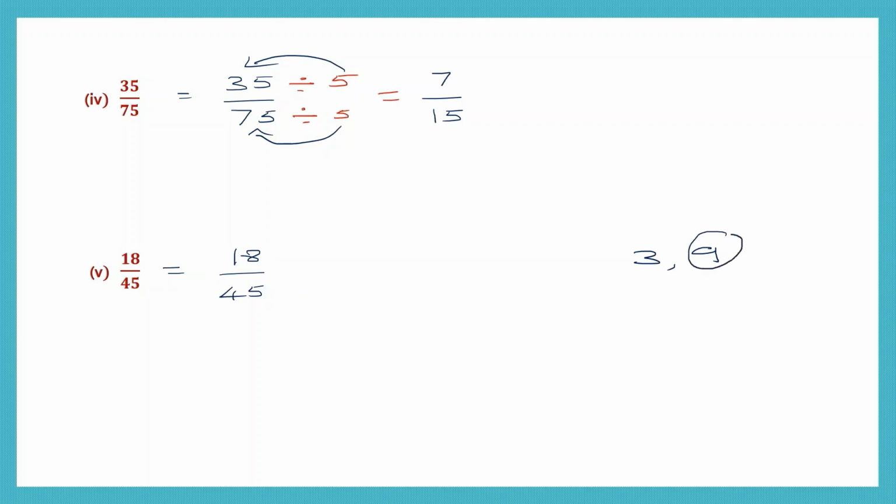This is the highest common factor that can divide 18 and 45. So let's divide 18 by 9 and 45 also by 9. Now what do we get here? 9 into what is 18? 9 twos are 18 and 9 into what is 45? 9 fives are 45. So what's our answer? 2 by 5.